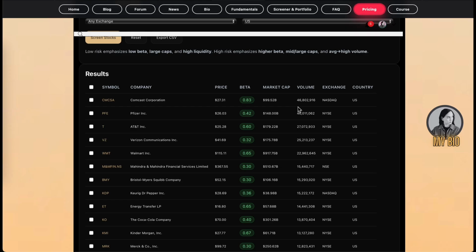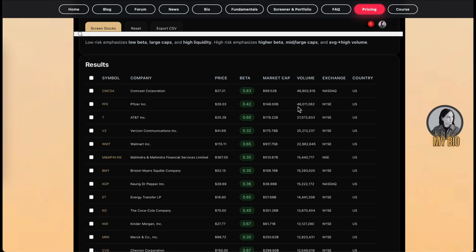Then the market cap, as you can see, these are companies with huge market caps. And the beta is the risk of your chosen stock in comparison to the market. When I say market, I mean the S&P 500 index. So it compares the stock volatility.